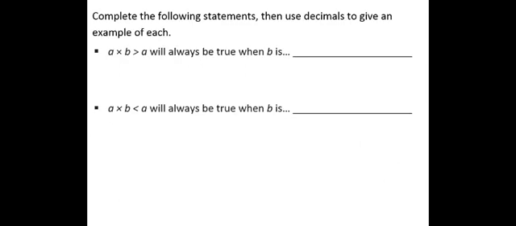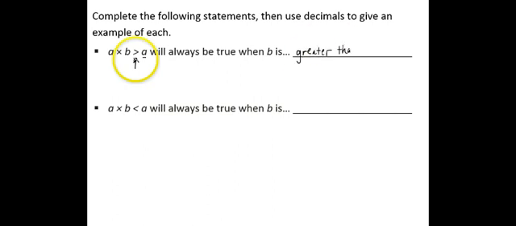In the last section, it says complete the following statements, then use decimals to give an example of each. So I have some number A times B will give me an answer that is greater than A, and that will always be true when B is blank. Well, if I'm going to get an answer that is greater than A, or the number I started with, then B has to be greater than 1.